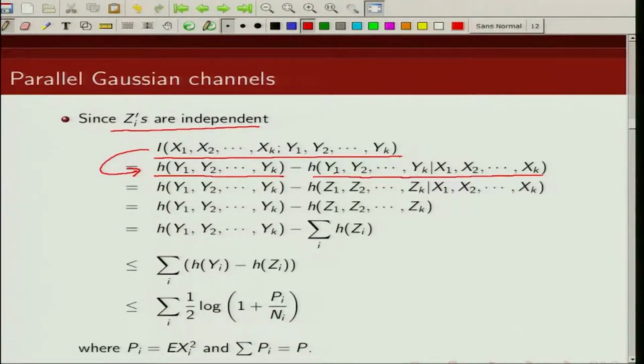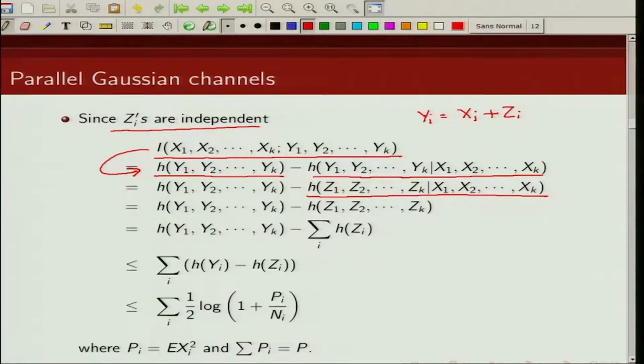Now what are these yi's? The yi's are xi plus zi, and the xi's are independent of zi. So, given x1, x2, x3, xk, the uncertainty in y1, y2, y3, yk can be written as the differential entropy of z1, z2, z3, zk given x1, x2, x3, xk.